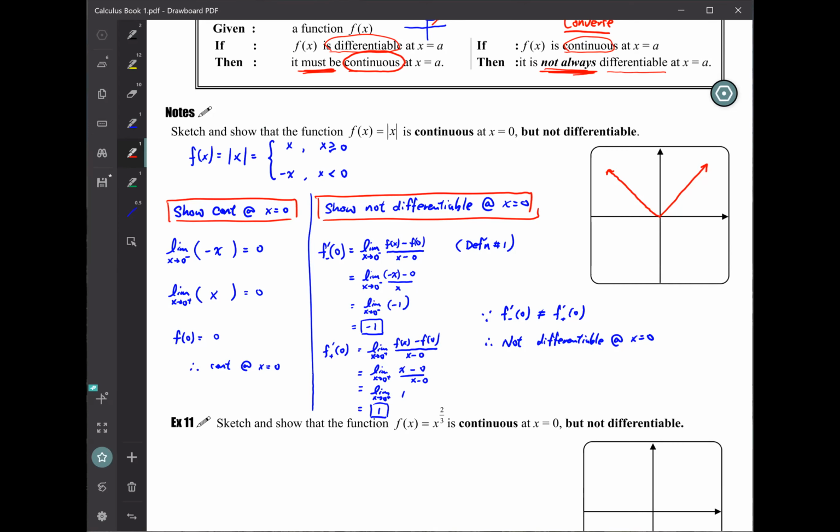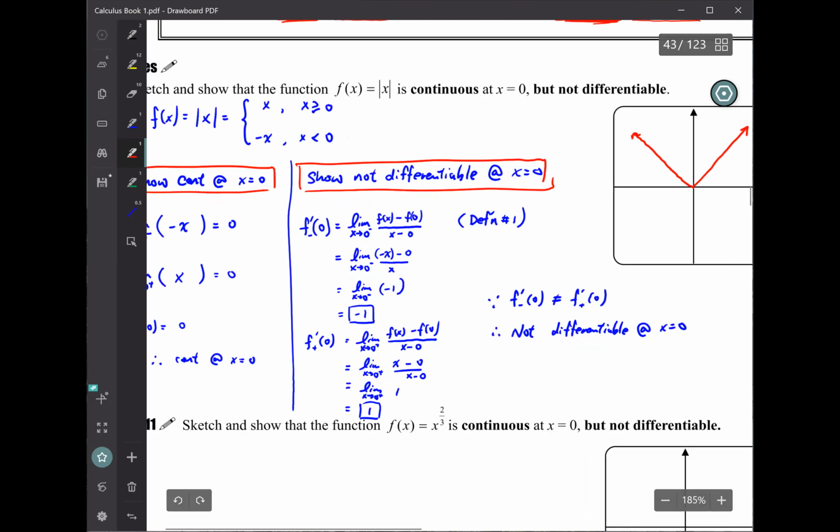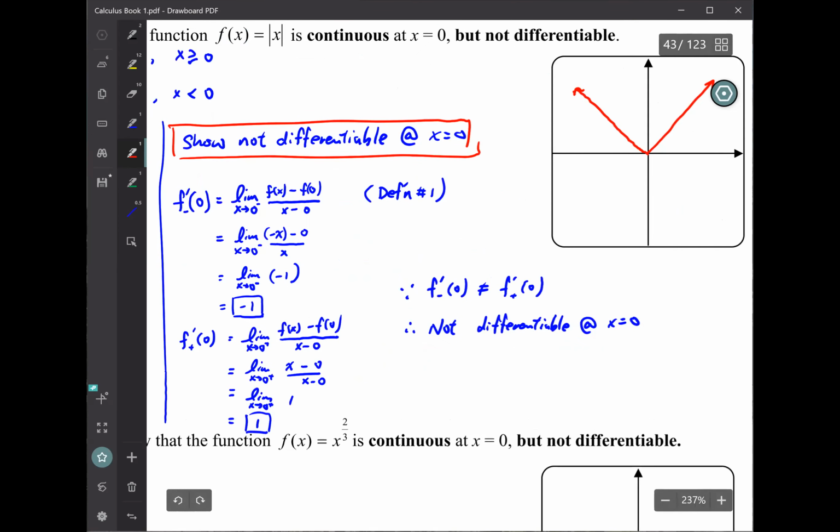Now the first part of the derivative, the slope from the left side, we got negative 1. Negative 1 means the slope of the left line is negative 1. That's what it means on the graph. And then slope coming from the right side of 0 is talking about the line on the right side of 0.